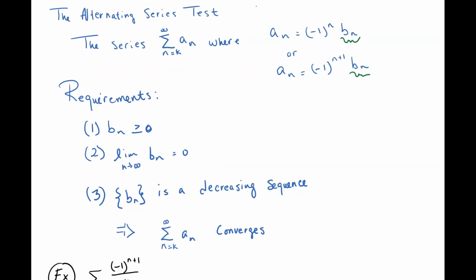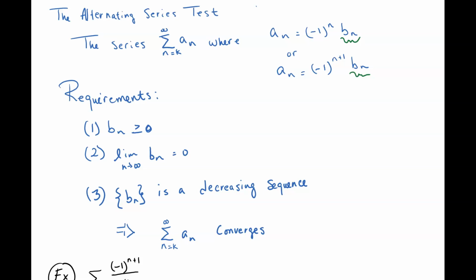The first thing we want to say is that the elements of b sub n should be non-negative, that is, greater than or equal to 0. Then, the limit as n approaches infinity of b sub n should be 0.